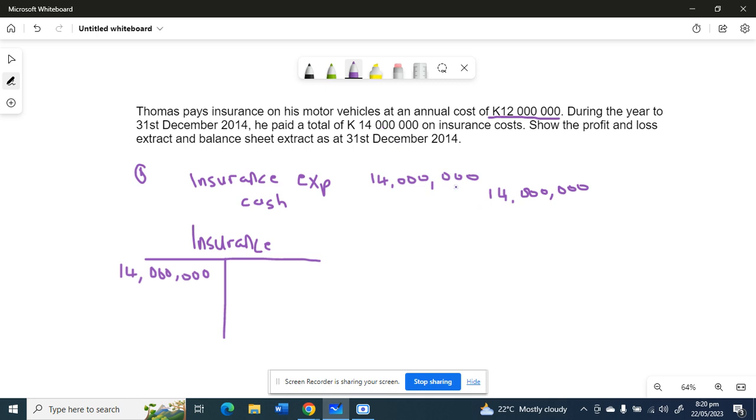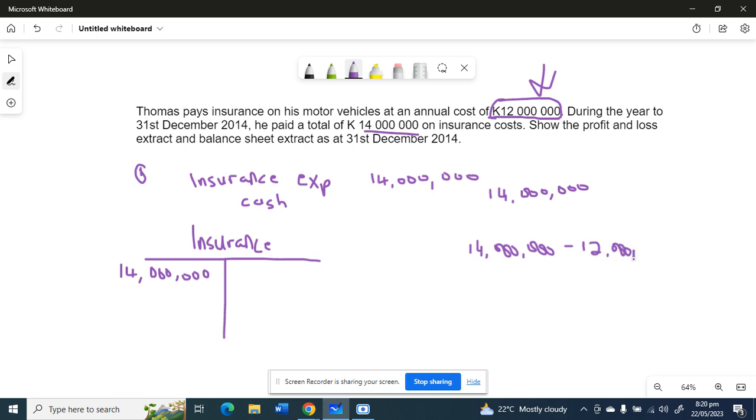So we're going to deduct this 12 million from the 14 million to determine our prepayment, because this 12 million has been used up by the end of the year and the remainder hasn't been used up. That's the prepayment. So 14 million minus 12 million gives us 2 million.